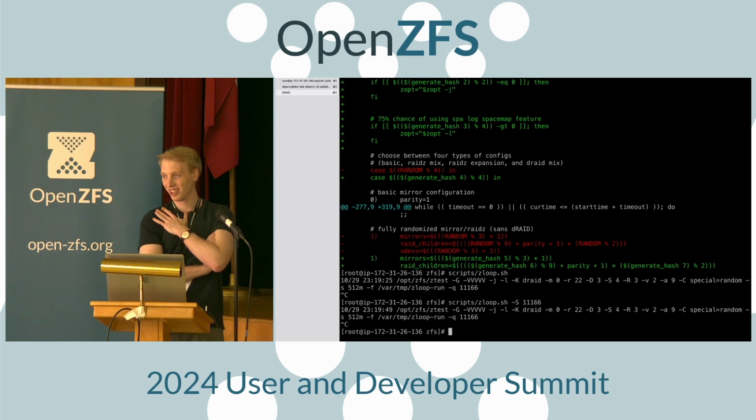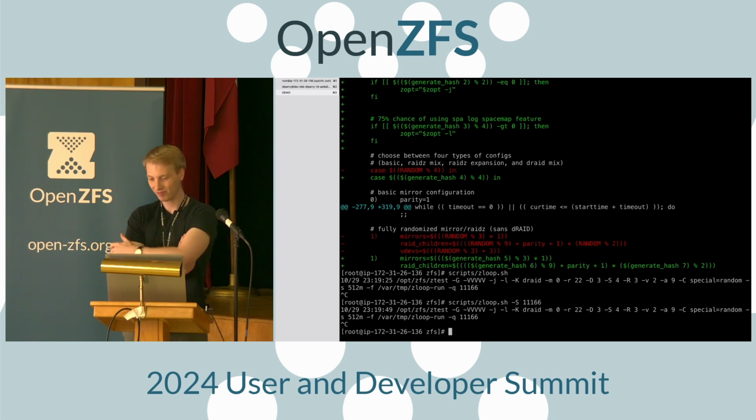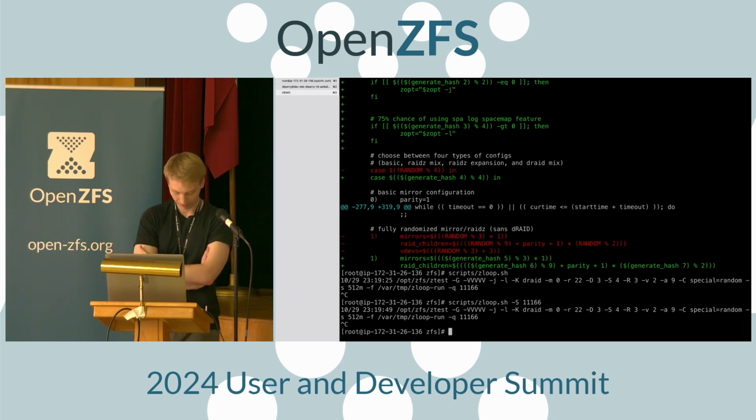One thing I've been thinking about getting around to, but haven't done yet, was having Z-test, as it runs, output a log of the actions that it took in the order that they took them, and then that output could be an input to the next run.